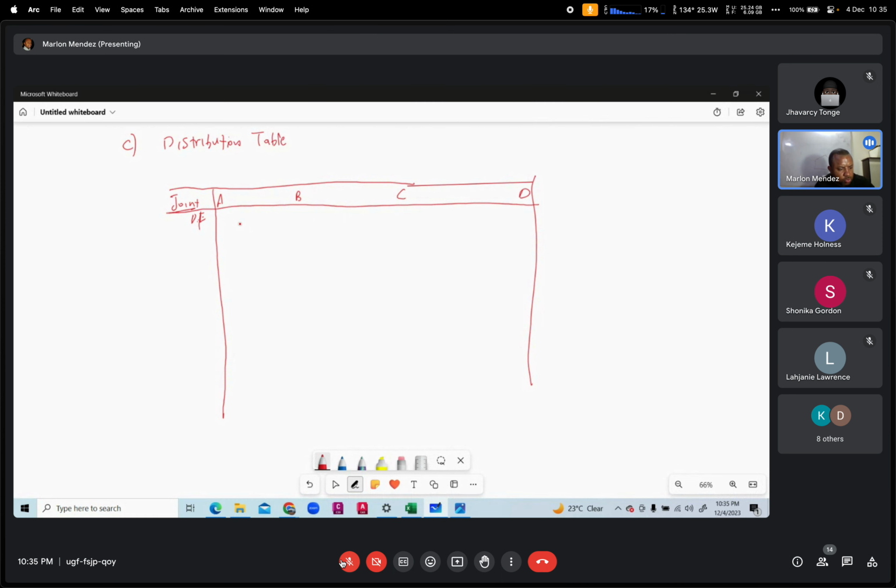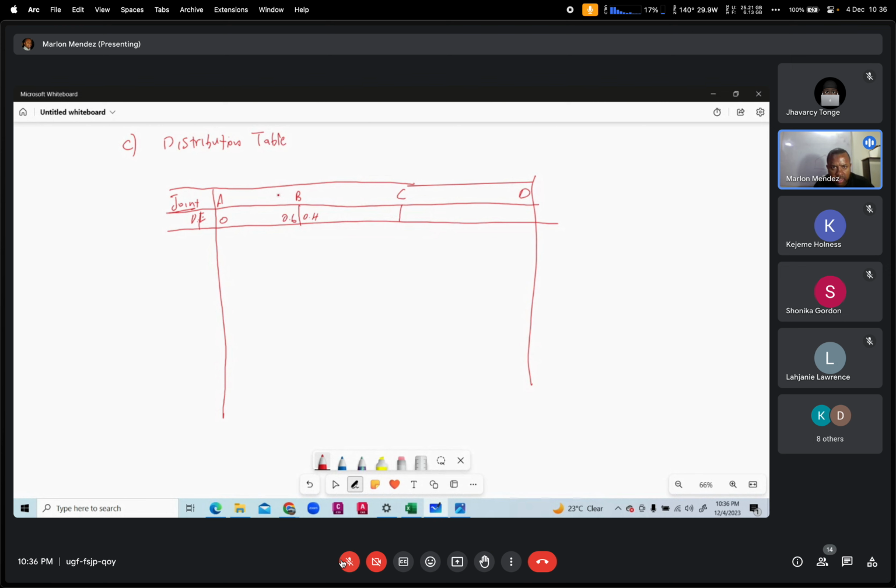So the distribution factor, we know there was no distribution factor at A, because already it is fixed. So this is 0. The distribution factor at B, we have 0.4, 0.6. Do you understand we get the 0.4, 0.6 based on what we had?